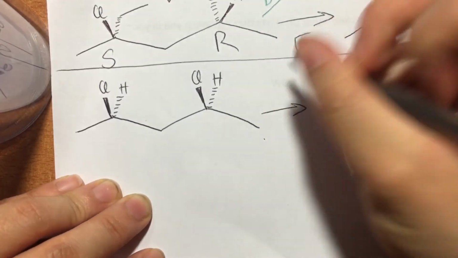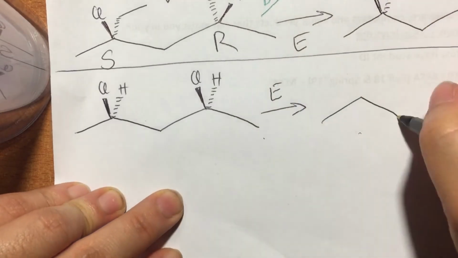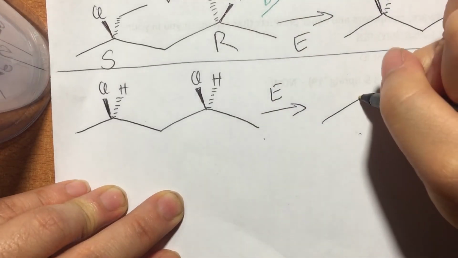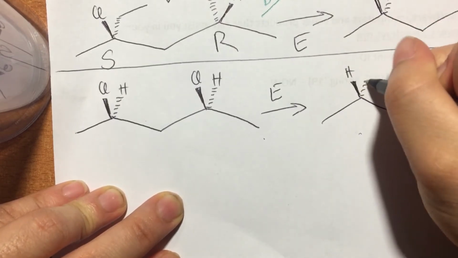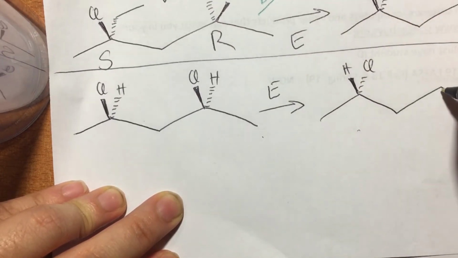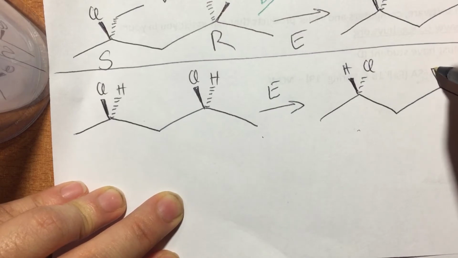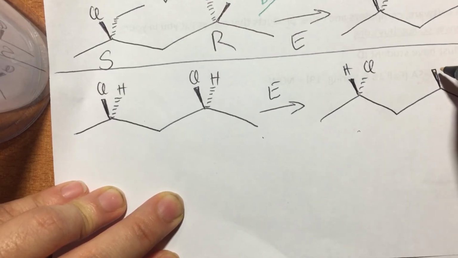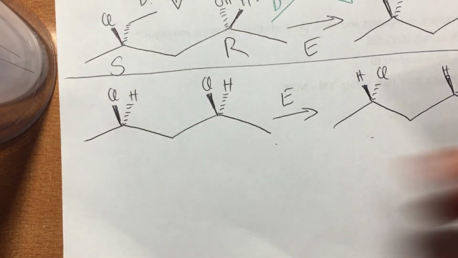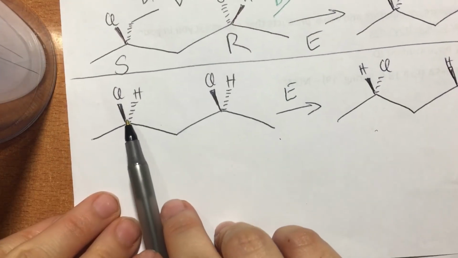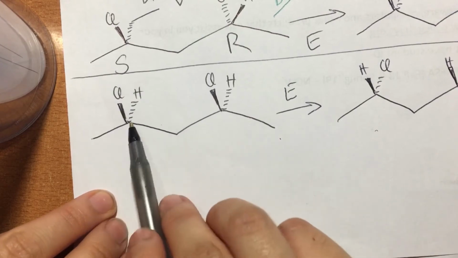So when we do enantiomers, again, I will keep the skeleton the same. However, I flip dash to wedge and wedge to dash. Okay, and also let's define our configuration.